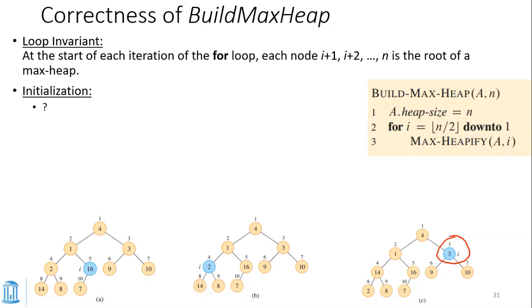Thomas? Sorry? Thomas, okay. So Thomas is suggesting that all the children at I are already max heaps. Okay, all the children, so if you are operating at a particular index I, then all of its children are already max heaps.